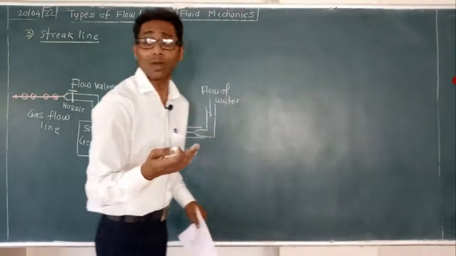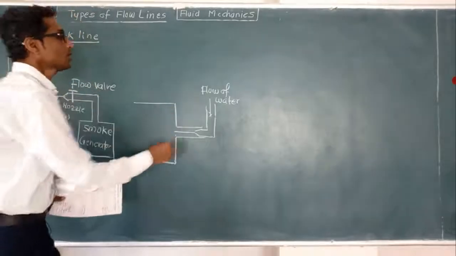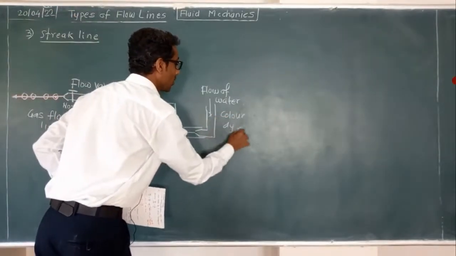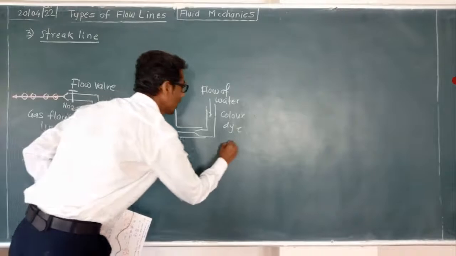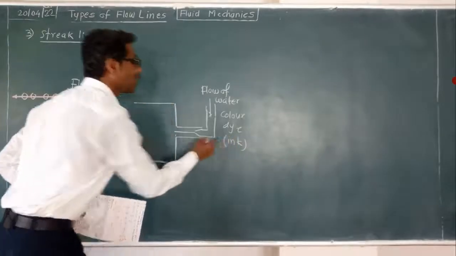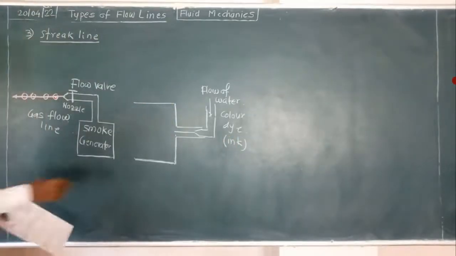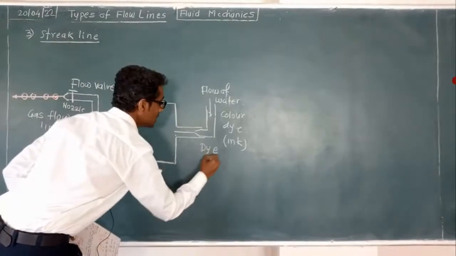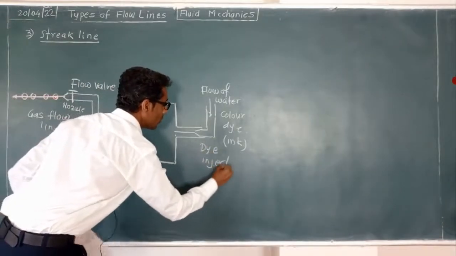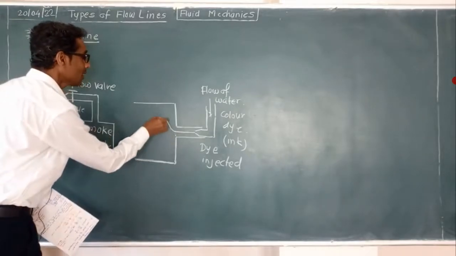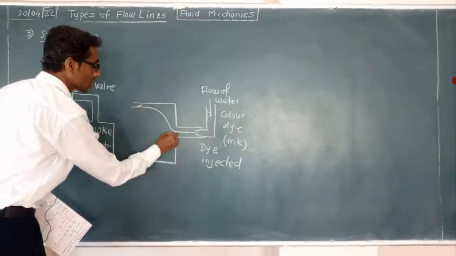To get visualization, if we add some dye or ink, in simple language, if we allow ink or dye to be injected in the flow, what will happen? This dye will follow some path and we will get this kind of structure.